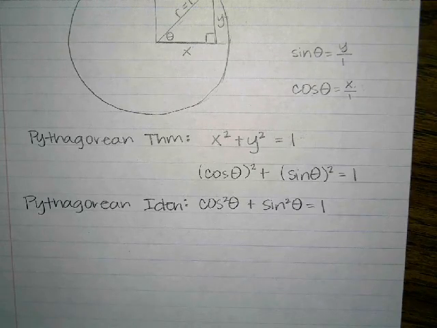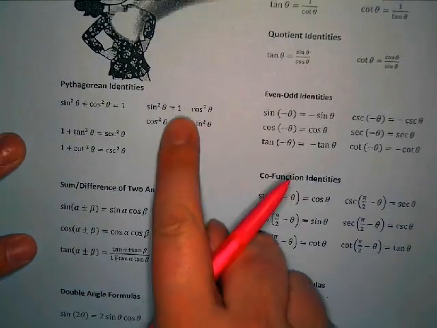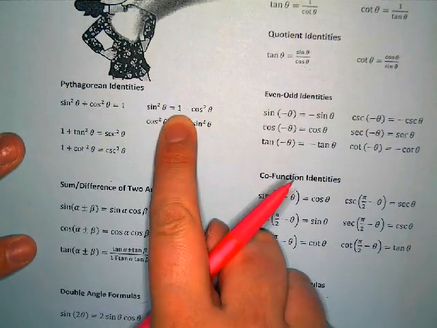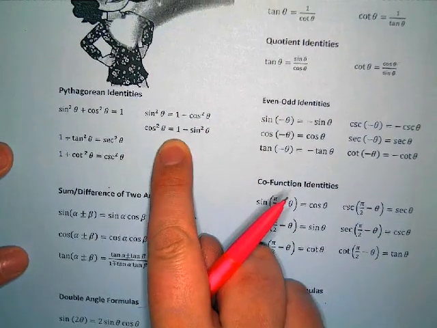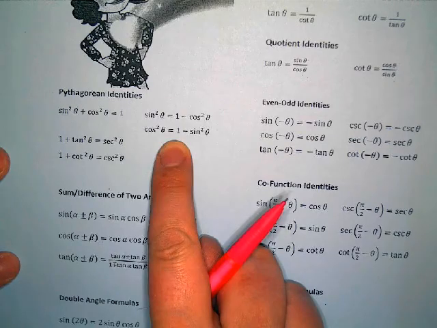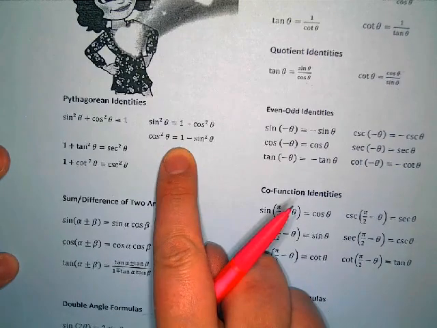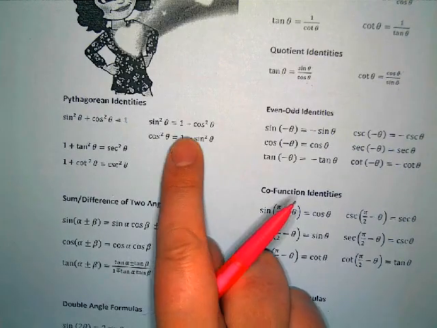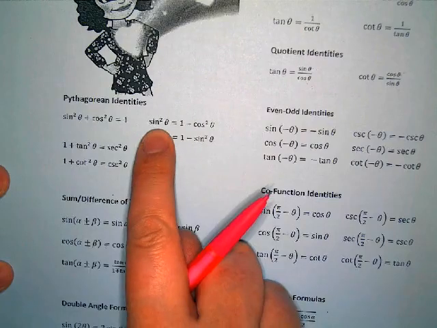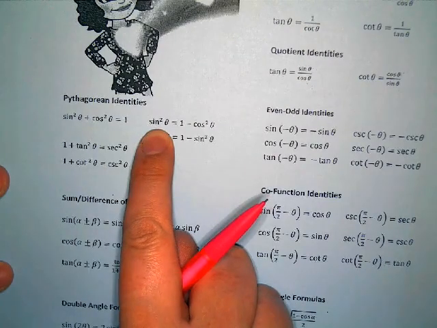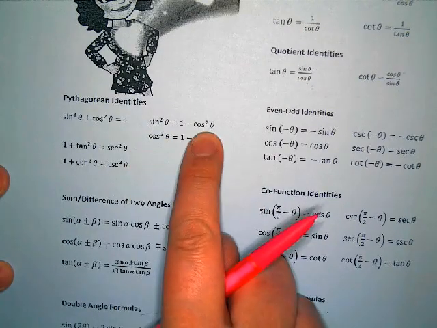Now, if we look at the blue sheet, how do you think they got these other two? Wouldn't that be like finding the a or b value? Yeah, kind of. If you have a squared plus b squared equals c squared, it's kind of like they isolated the a squared, and then they subtracted the b squared over to the other side.